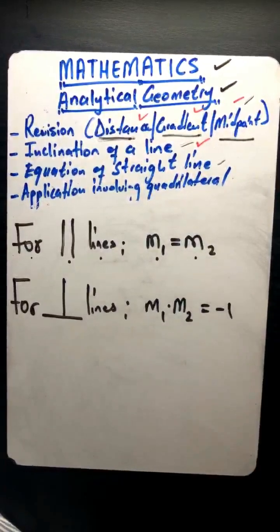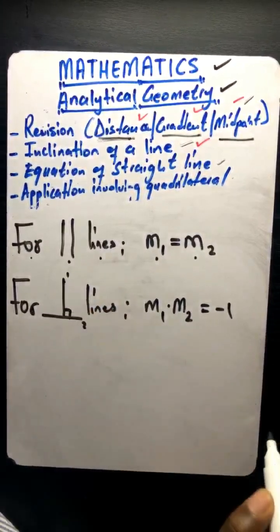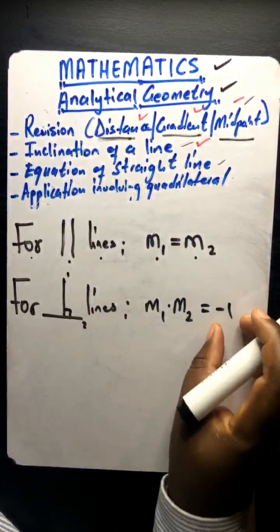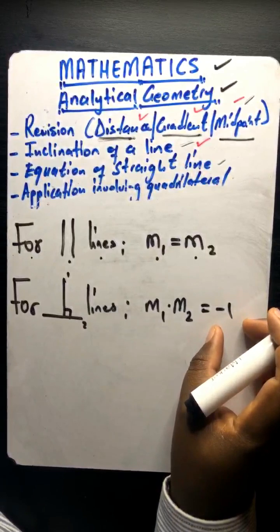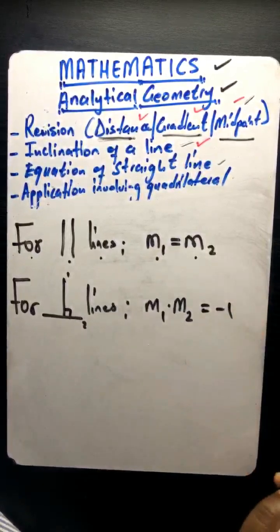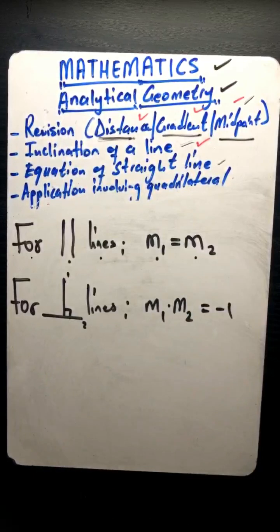So if you take the gradient of line 1, multiply it with the gradient of line 2, and they don't give you -1, that means those two lines are not perpendicular to each other. But the moment they give you -1, it means they are perpendicular. That is why your teacher is going to say the product of the gradients of two lines: if it gives you -1, those two lines are perpendicular to each other.